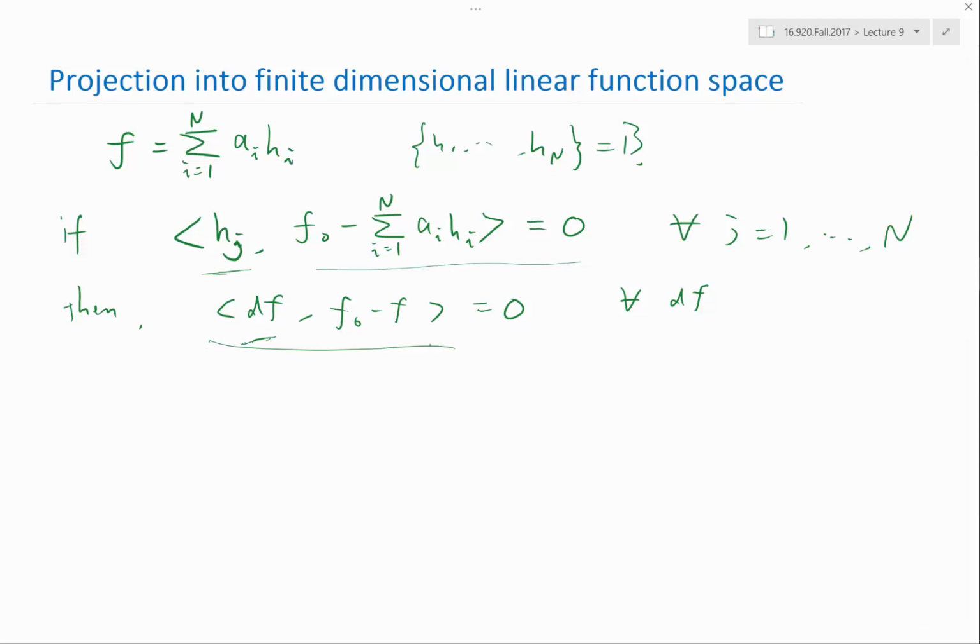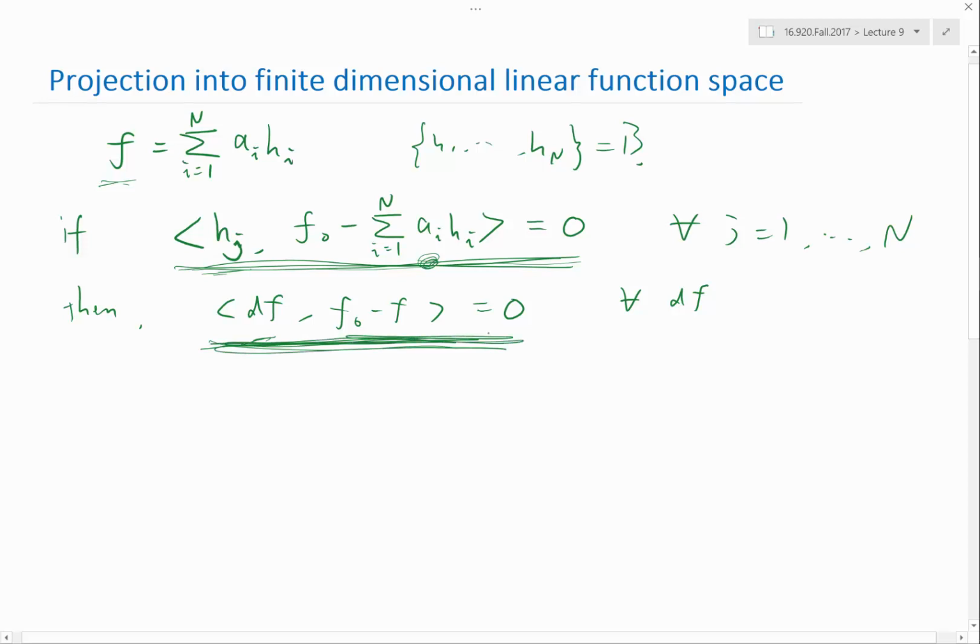Okay. So then this step simultaneously reduces the problem of finding f to a problem of finding n numbers. It also reduces this equality from infinitely many equalities, right? Because this has to be true for any df, into n equalities.